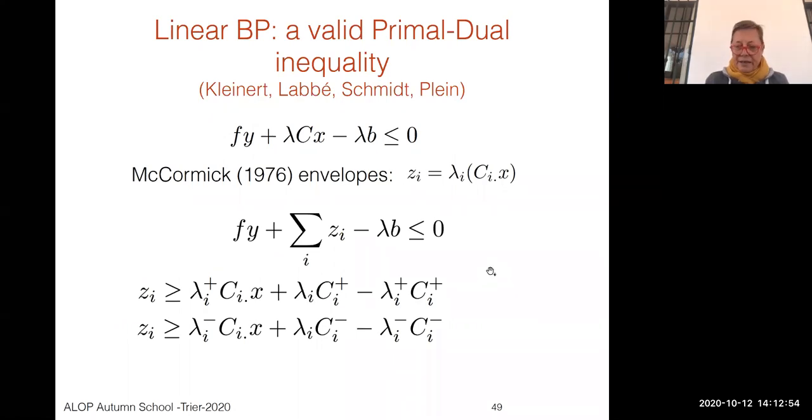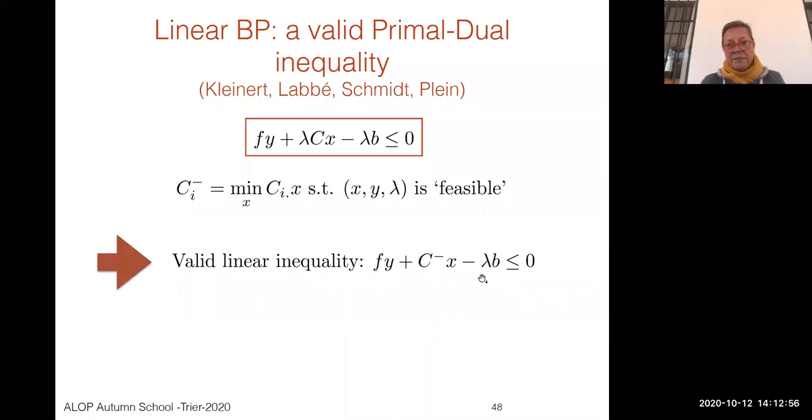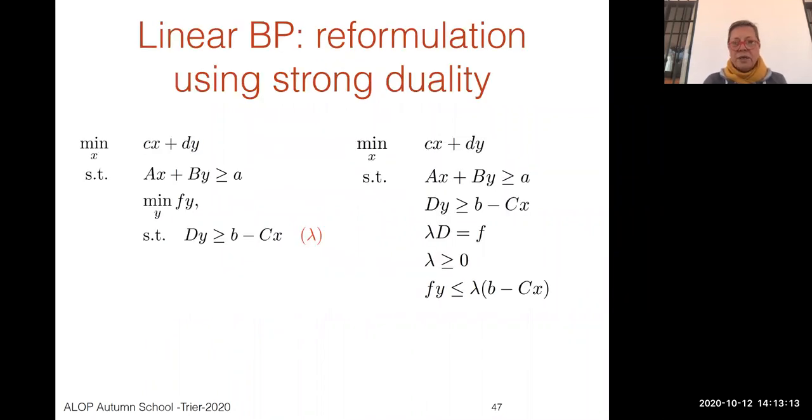This is one thing. Now, this inequality, you can add it at the beginning. For instance, if you want to solve your problem, you can add it to the high point relaxation immediately. And the advantage of doing so is the following. If you look at the high point relaxation, which is this, you don't have the lower level.